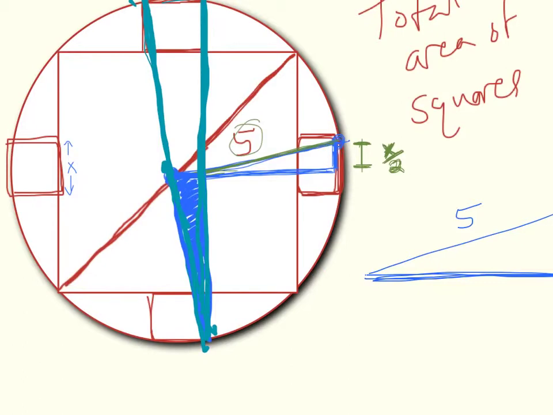One of the pieces is exactly x, and the other piece is exactly half of the square's side length. The brown piece right here is half of the side length of the square, and then this right here is x. So what is half of the side length of the square?